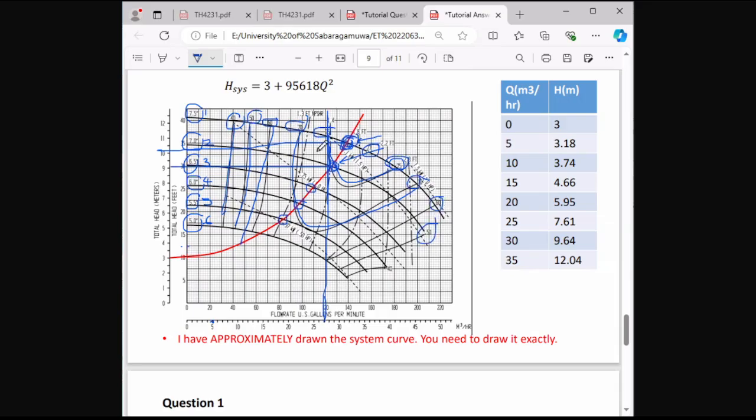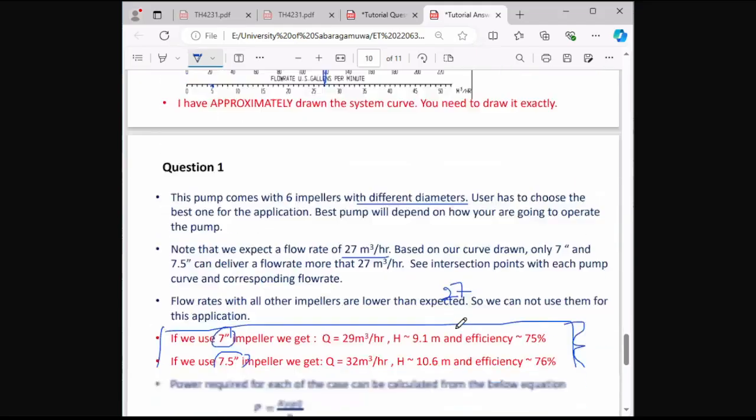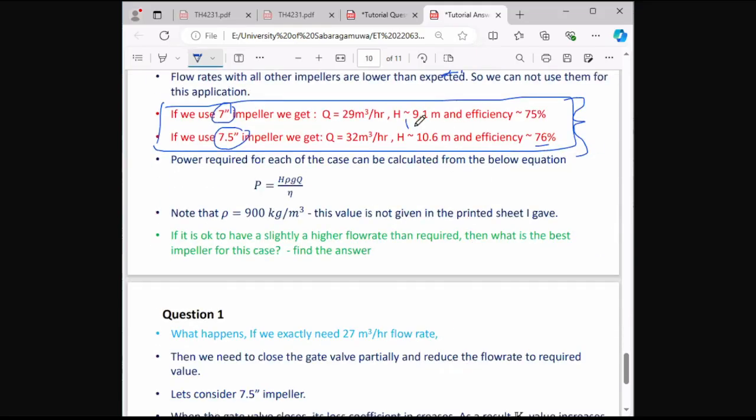These are the given efficiencies. According to that, you can identify the head, efficiency and impeller requirement. Then the power requirement you can calculate using this equation.